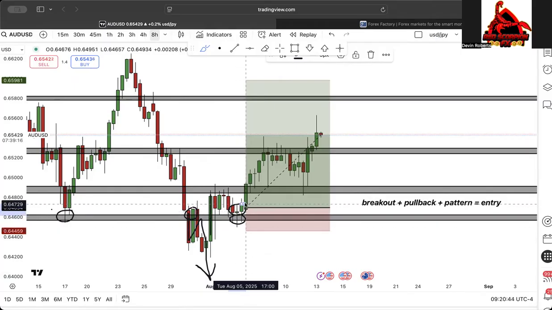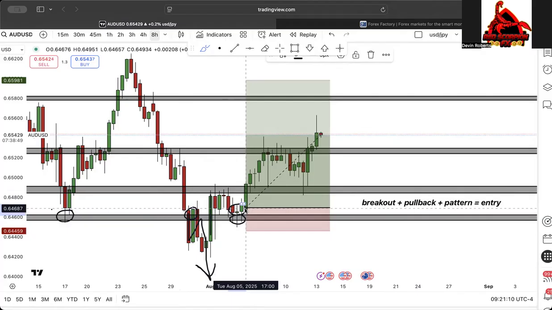Now, don't forget, a morning star pattern is made up of three candlesticks. It is a three candlestick formation, meaning that all three of these bars have to finish before you distinguish it as a morning star pattern. Okay, so breakout, step one. Pullback, step two. The morning star pattern, step three.